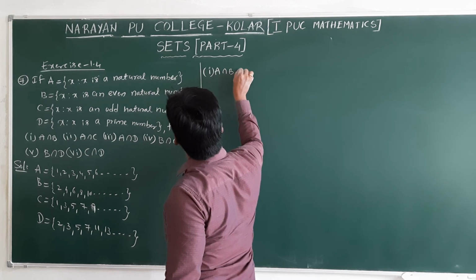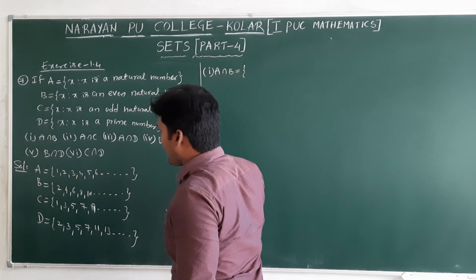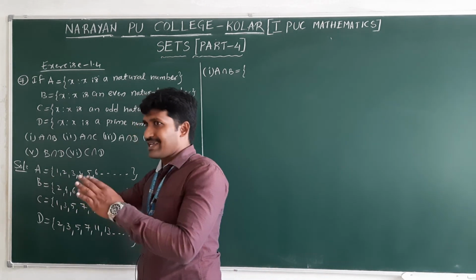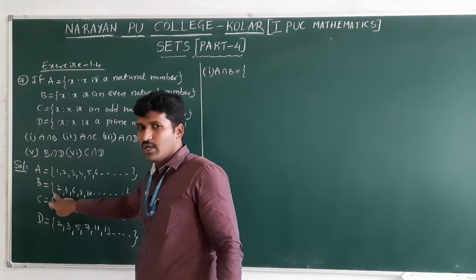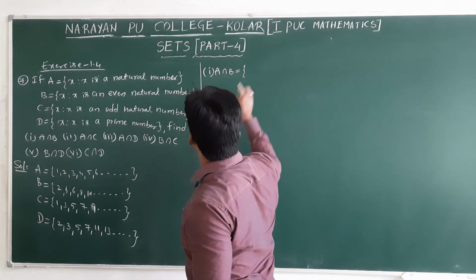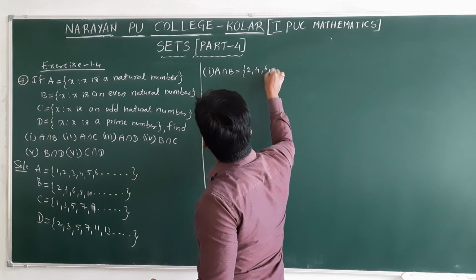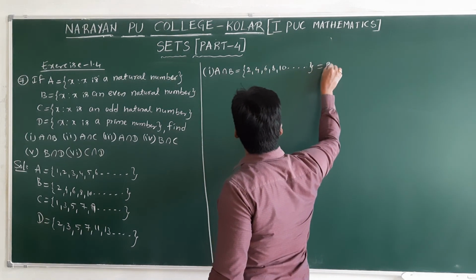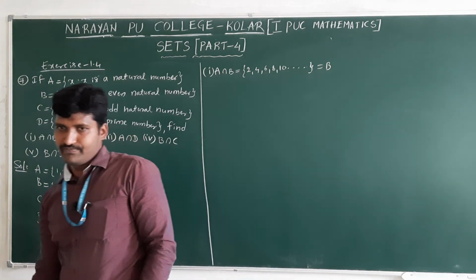A intersection B. Do A and B have any common elements? Yes. A is all natural numbers, B is even natural numbers. What common elements will we get? Even natural numbers only: 2, 4, 6, 8, 10 and so on. This is nothing but the B set.